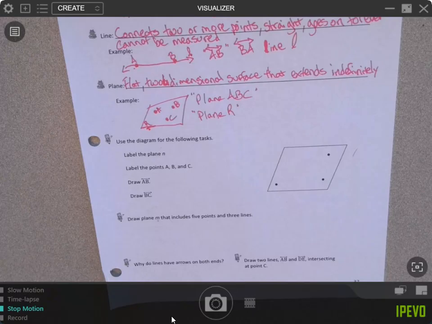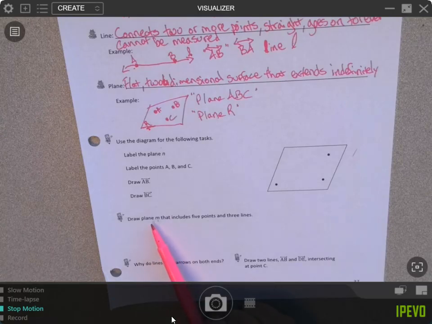What important things do we need to remember when we label a point? What do we have to remember? Hadley. Capital letter. What do we have to remember when we draw a line? Eleanor. Put arrows on the end. Okay, we don't want to draw segments. You want it to be a line.